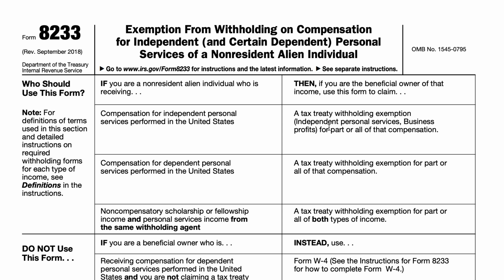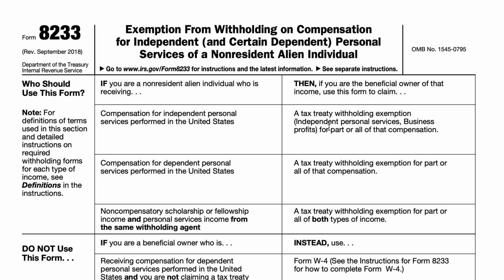There's also a stipulation for a lot of students, teachers, things of that nature: if you're receiving scholarship and fellowship income that's not compensatory, so you don't have to earn this to receive the income, but you are also receiving personal services income from the same withholding agent.